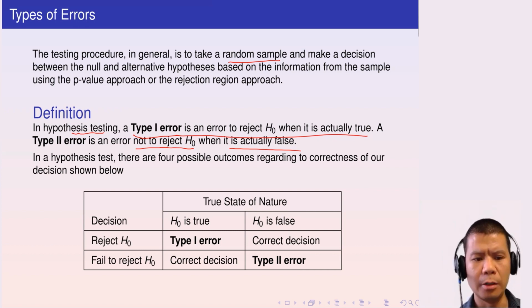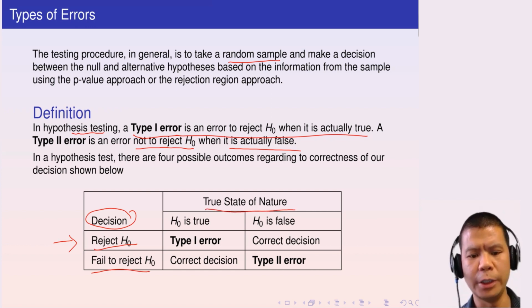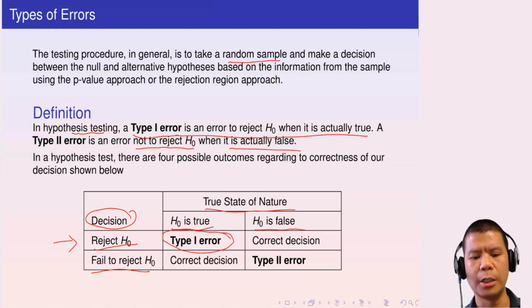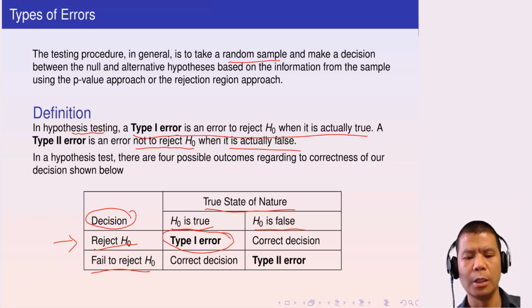In this table, I'm listing it here. Here is the decision: you may reject or fail to reject. And here is the true state of nature: H0 is actually true or H0 is actually false. If H0 is true, however you reject it, that's a type 1 error.